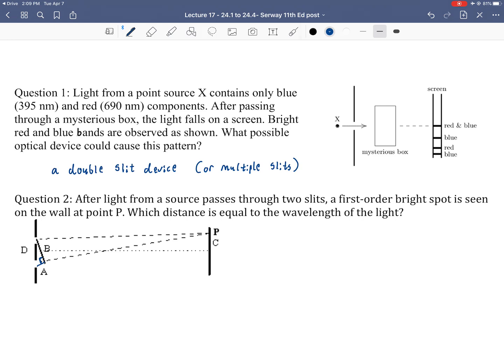It's not the hypotenuse. The hypotenuse is D. So B is referring to one leg of the right triangle. And A is referring to the other leg of that right triangle. And lastly, C is our y distance. That's the distance from the central bright spot to those subsequent bright spots.